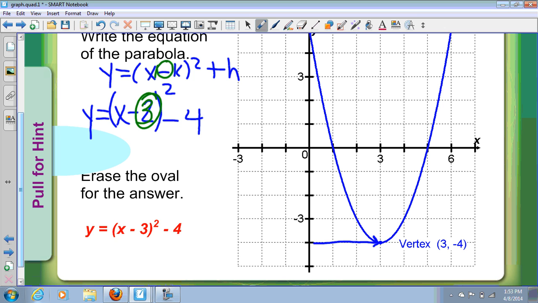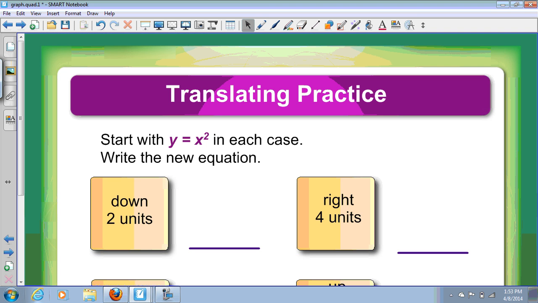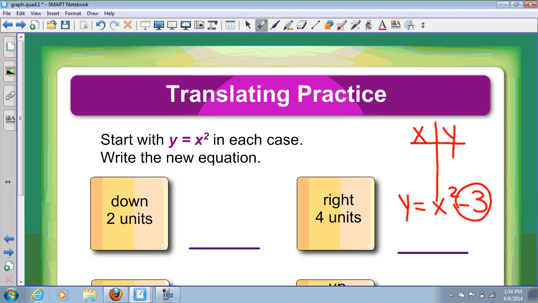Okay? So basically this lesson, we're trying to figure out how to graph. We can graph with a t-chart, x and y. Or we can look at our equation, y equals x squared minus 3, and know that our parabola is going to be down 3 units from the origin.